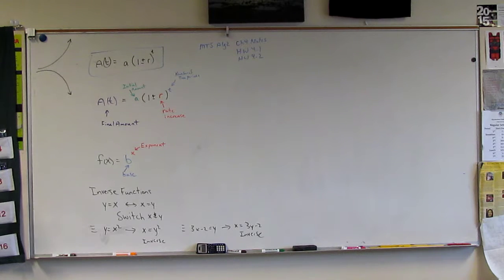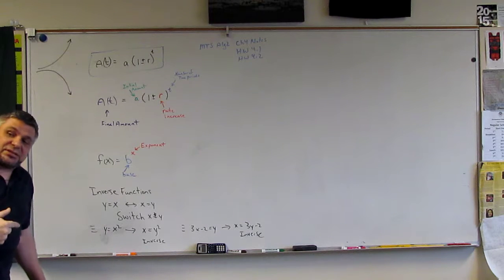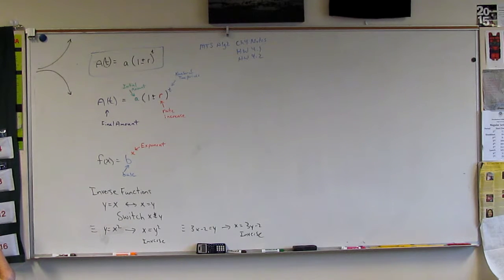Before we were doing cubic, quartic, quintic, so your variable was being raised to the second, the third, the fourth, or the 1/2 power for a square root. But in this case, your exponent is your variable. As your variable grows, your exponent grows. Does that make sense? That's what exponential growth is all about, because it grows exponentially, meaning it's growing very, very fast.